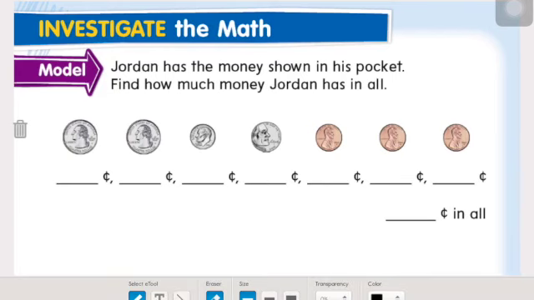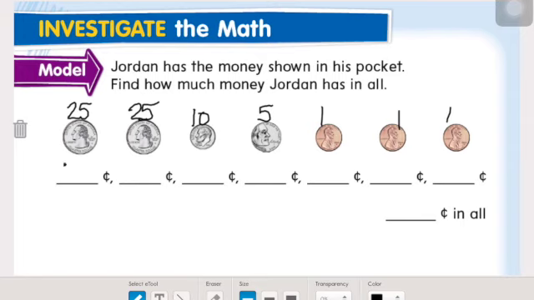Jordan has the money shown in his pocket. Find out how much money Jordan has in all. So we have a quarter plus a quarter plus a dime plus a nickel and 3 pennies. So remember our chant, 25, 50, 75, $1.